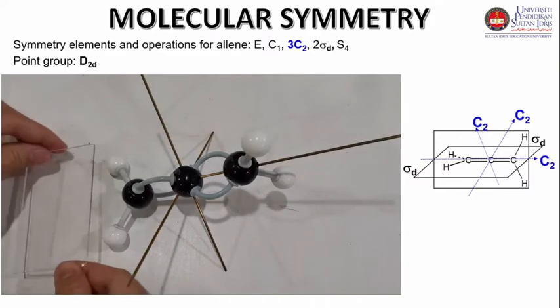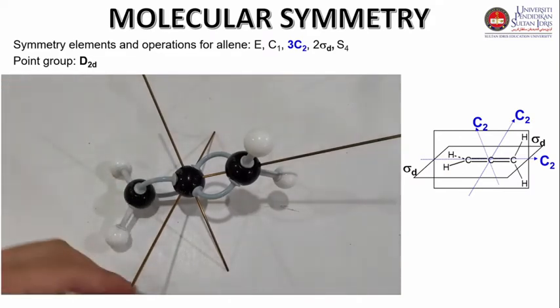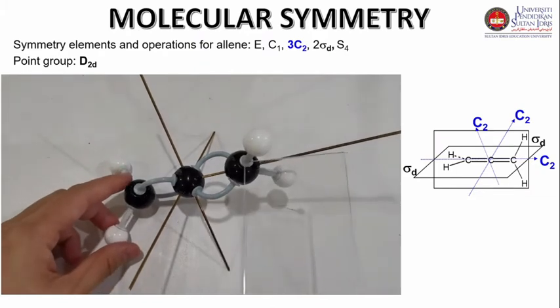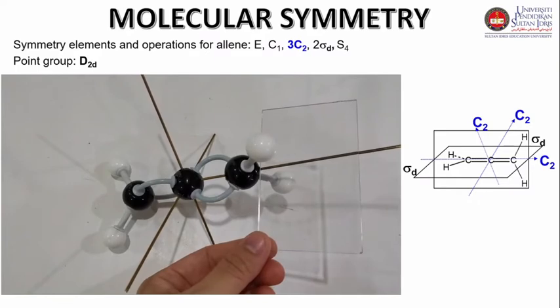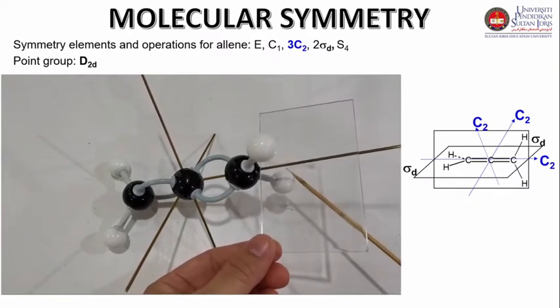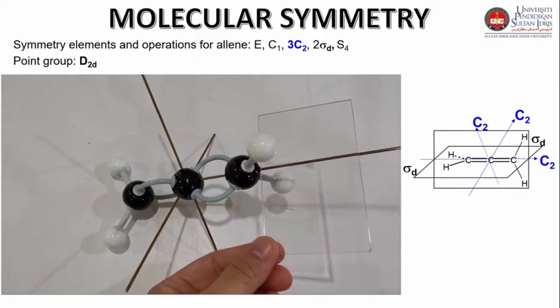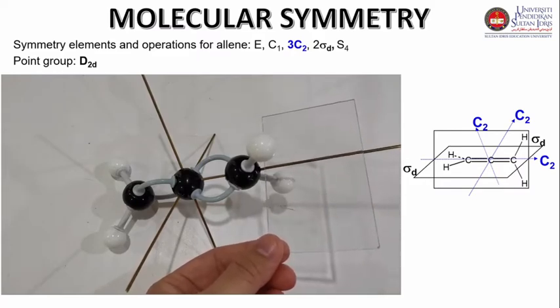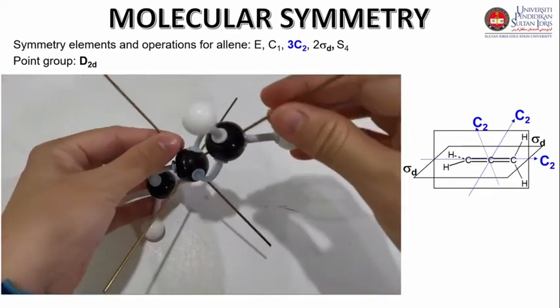You can clearly observe another plane passing through this. This plane cuts our C2 axis, so this plane is known as a dihedral plane. So guys, you can clearly observe that there is existence of a dihedral plane in this molecule because it cuts the C2 axes through the second carbon atom.